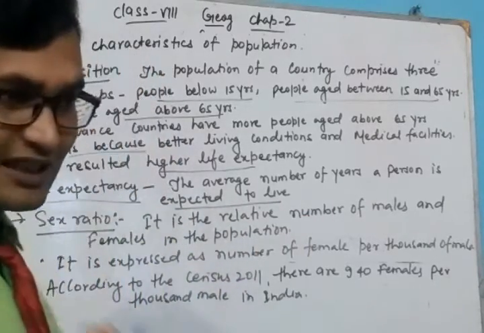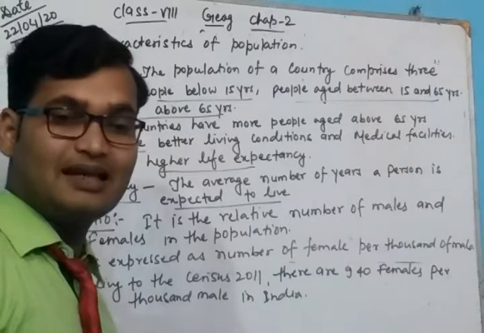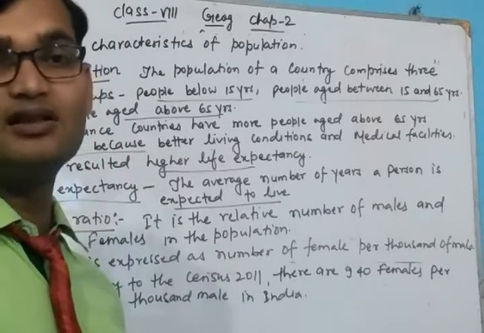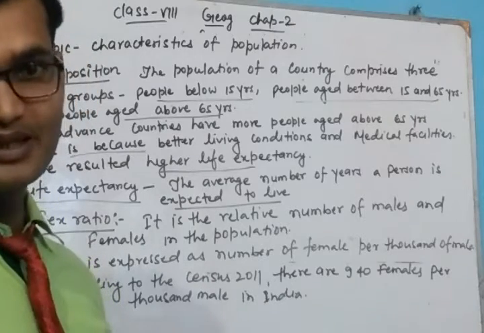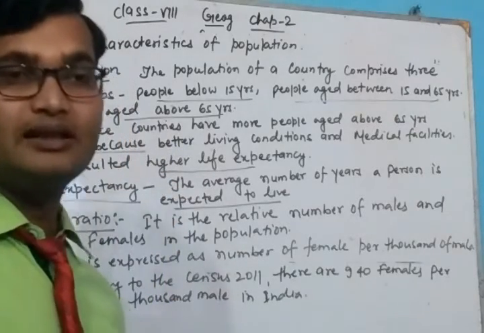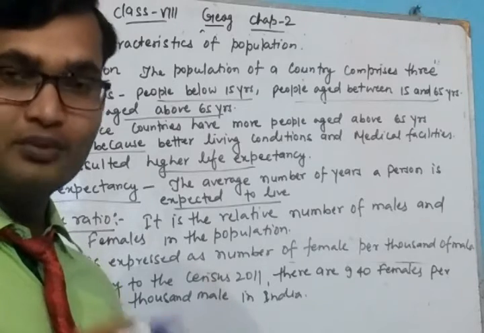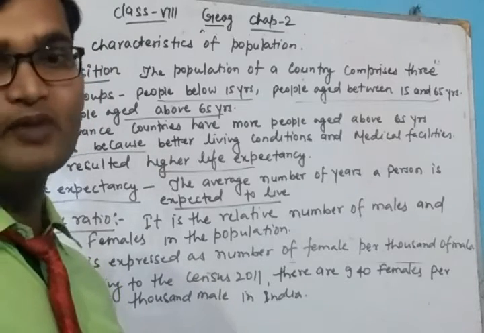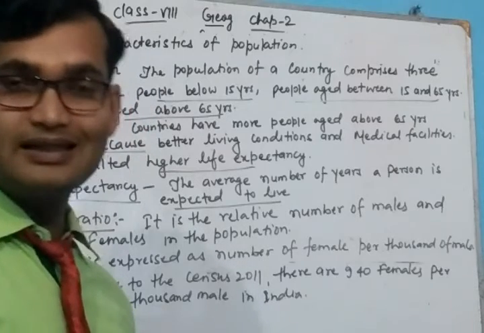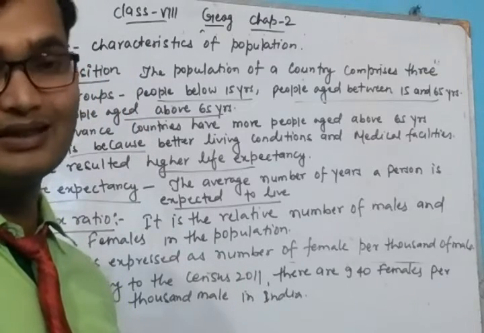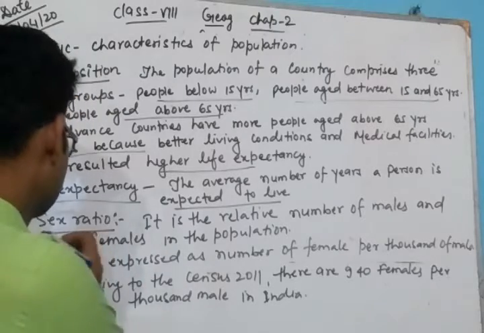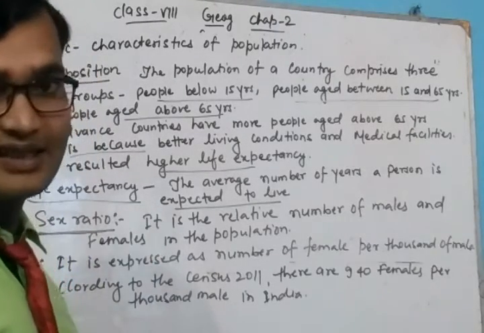Our expectation is that people may die at 65 years, which means 65 years is the life expectancy in India. But in advanced countries, the life expectancy of people has improved due to high living conditions and better medical facilities. Now the next term is the sex ratio.